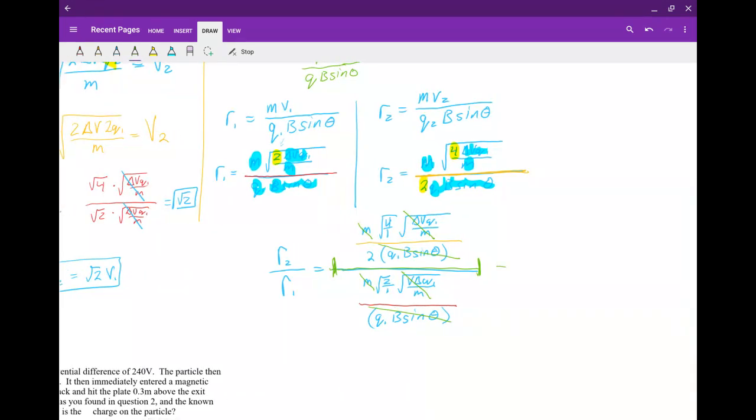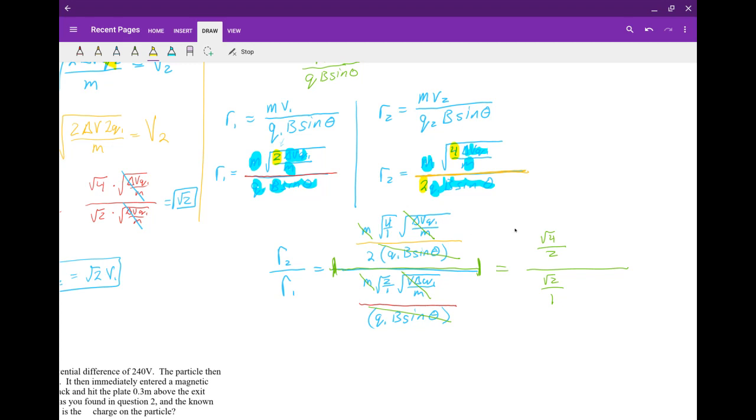And so as a result, all I'm left with is the square root of 4 over 2 over the square root of 2 over 1. Okay, so I basically said, let me point at it.